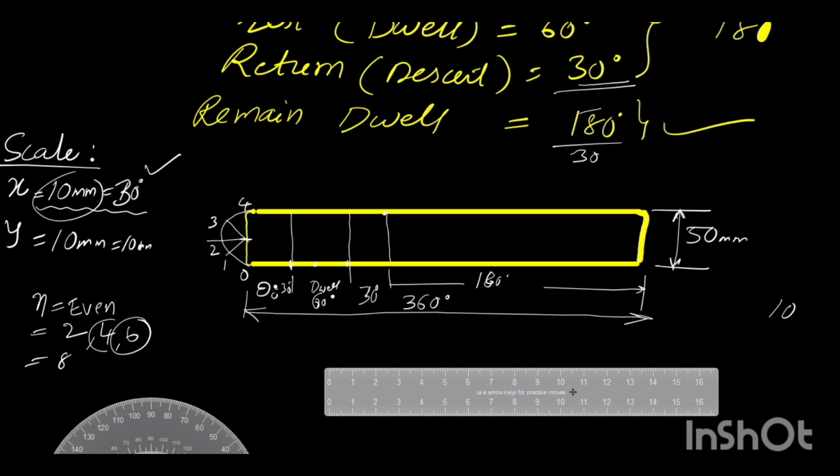We have chosen 4, right? So you have to divide 10 by 4, which is around 2.5. So 2.5 every step you have to take. So 2.5 one division, 2.5, 2.5, like 4 divisions you have made, and again from that point draw a vertical line.